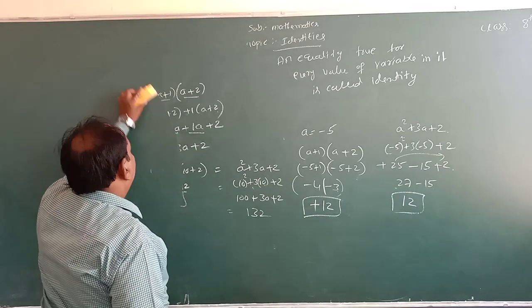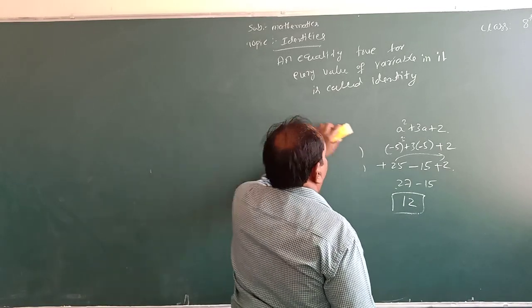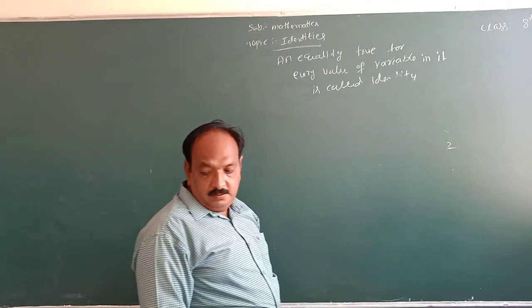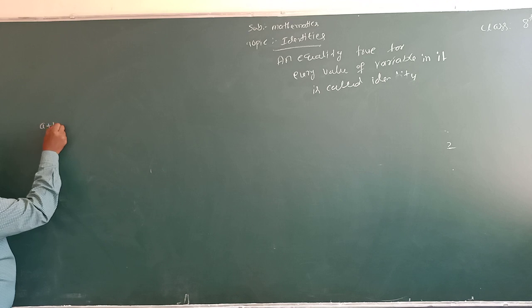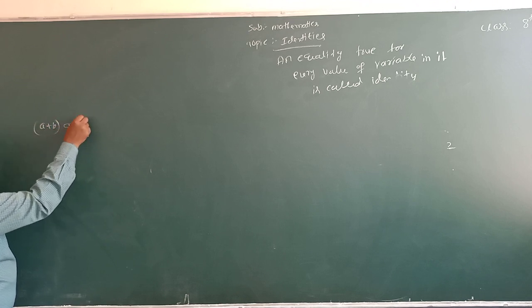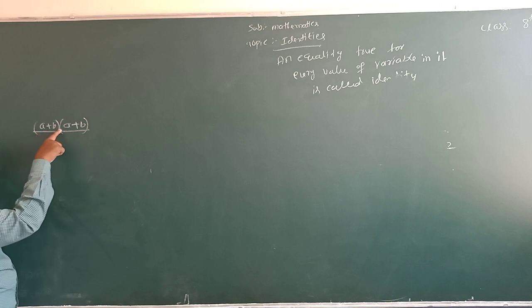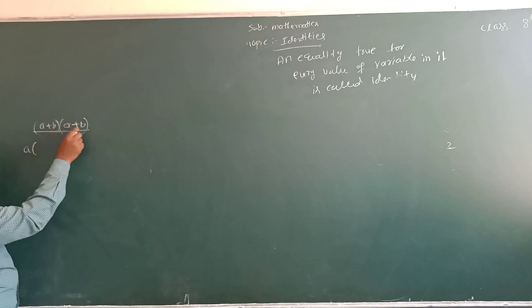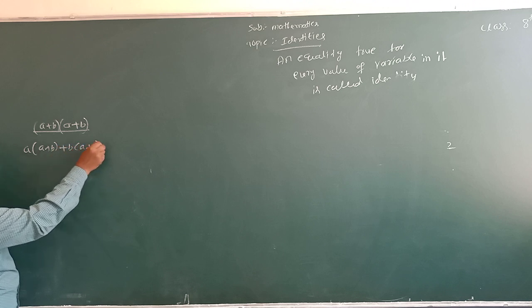Now, in today's class, let us learn about the identity (a + b) into (a + b). The product of binomial by binomial: a into (a + b), b into (a + b).